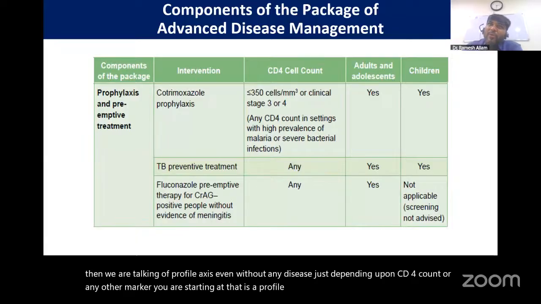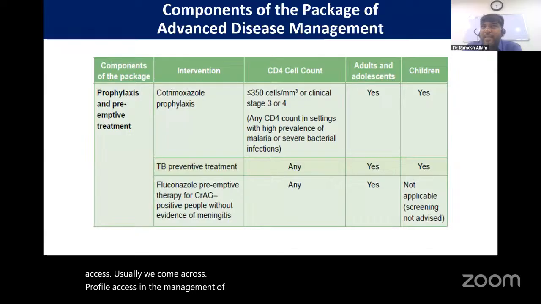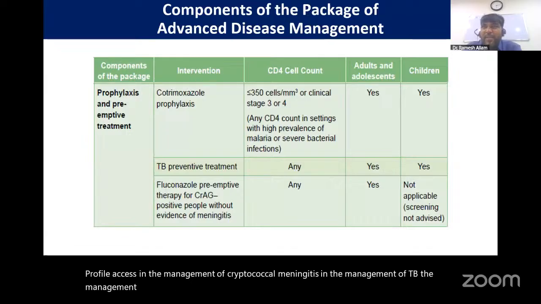And you have something called secondary prophylaxis, that is after you treat the condition, you are giving secondary prophylaxis. Usually we come across secondary prophylaxis in the management of cryptococcal meningitis, TB, toxoplasma, and there are some other conditions.